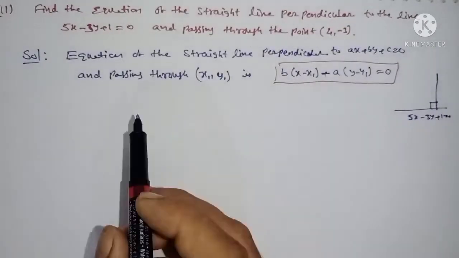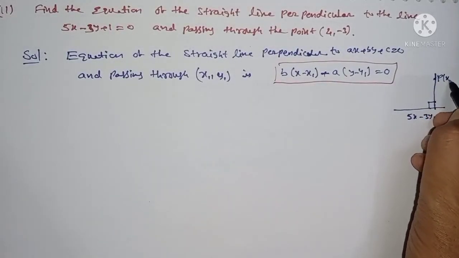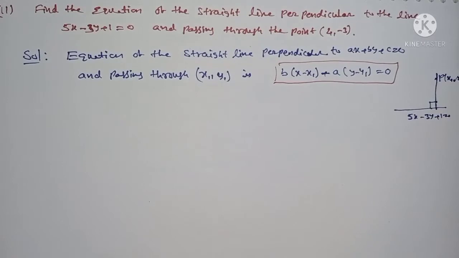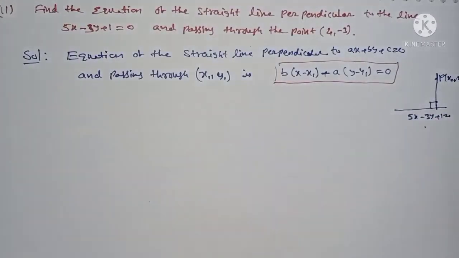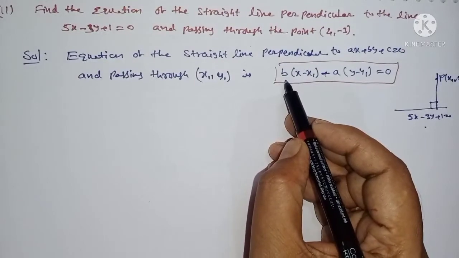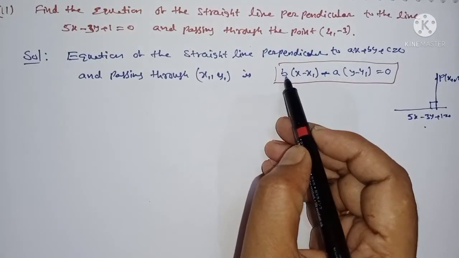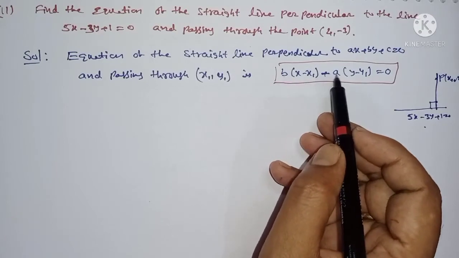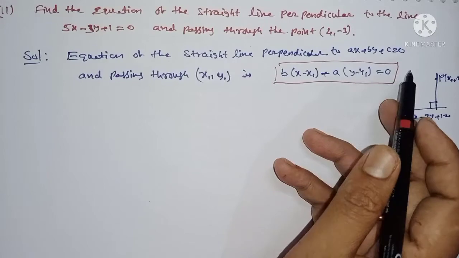Passing through one point x1 comma y1, you can take any point here, P is x1 comma y1. Therefore, for the line perpendicular to this line and passing through the point, interchange a and b: b into x minus x1 minus a of y minus y1 is equal to 0.